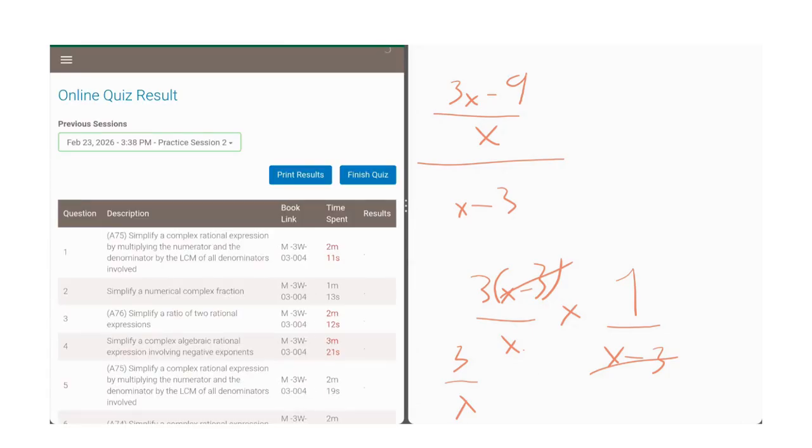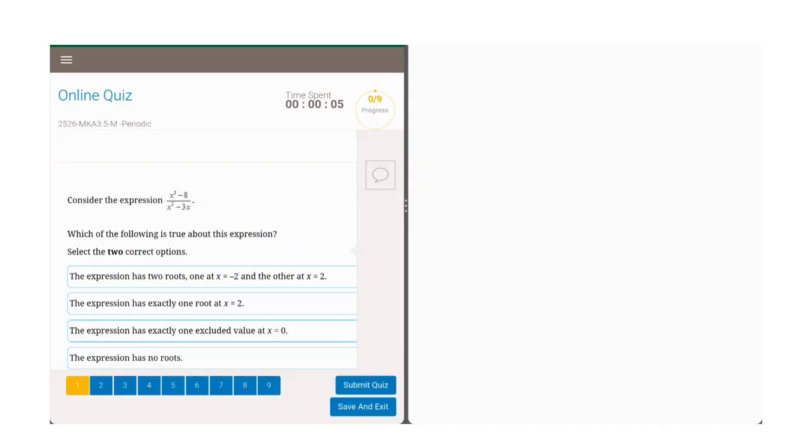Now we're going to do 3.5. Now we have the expression x cubed minus 8 over x squared minus 3x. Here we have to find the roots or excluded values.